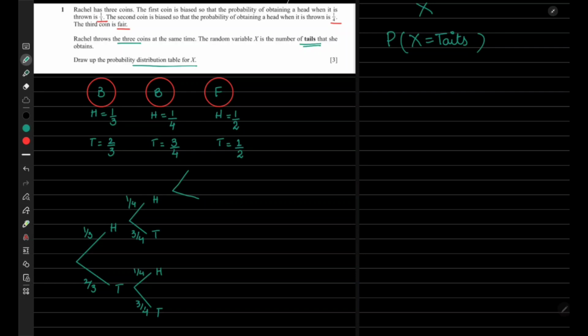Now we are talking about the third coin. In case of the third coin, the probability of getting a head or a tail is 1/2 each. For the next branch also, head or tail, 1/2, 1/2.